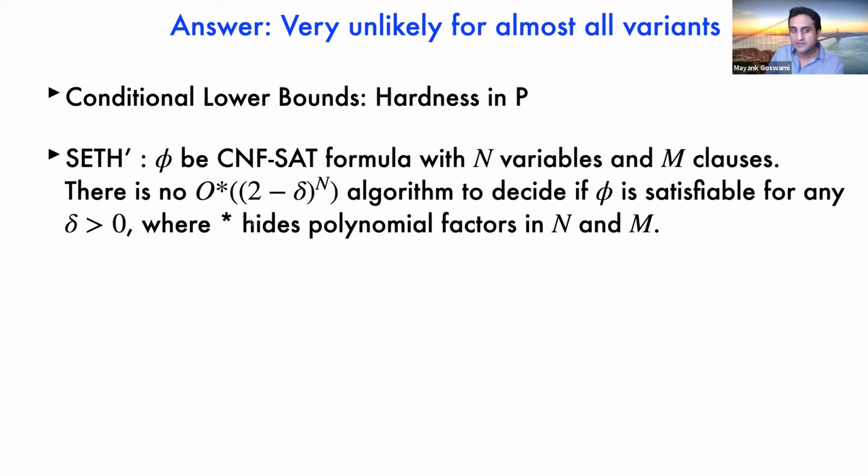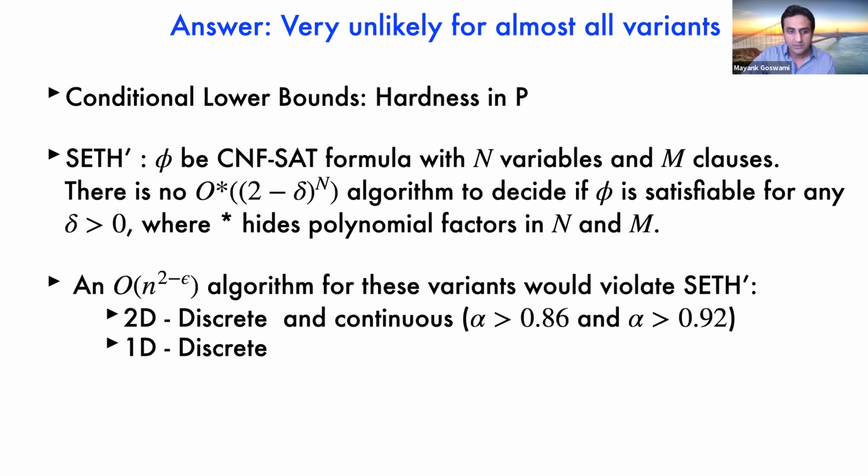And this O star is hiding polynomial factors in n, the number of variables, and m, the number of clauses. This is a hypothesis that is believed by many people. And under this hypothesis, we try to give conditional polynomial lower bounds.